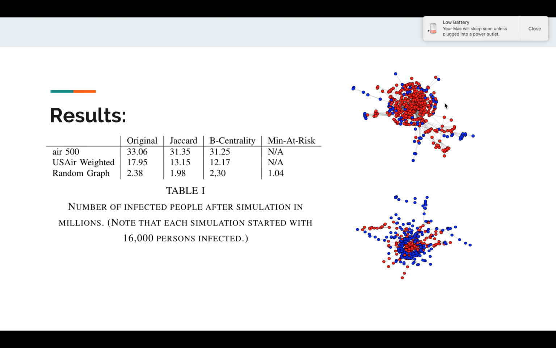And on the right, on top is a visualization of the original graph without having any edges removed, and running the simulation where each red node represents a certain number of infected individuals in that city.